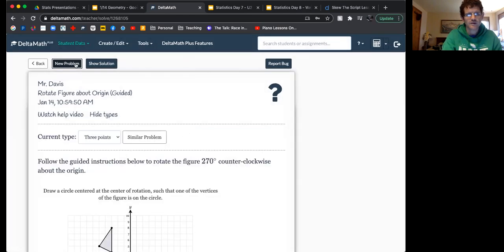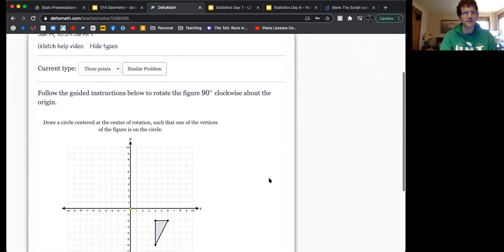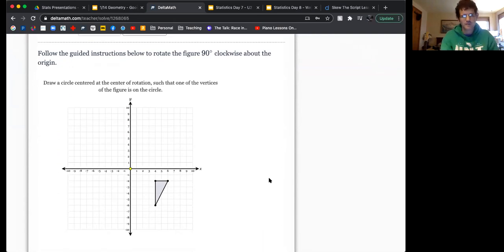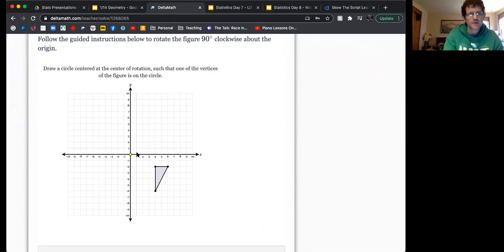It doesn't matter. Here's 270 degrees, but let me do a 90-degree clockwise triangle. Okay, we're good to go with this one now. Sorry about that. So I'm going to do this rotation. So you get to watch me do this fun thing again, but I'll be very quick about it.